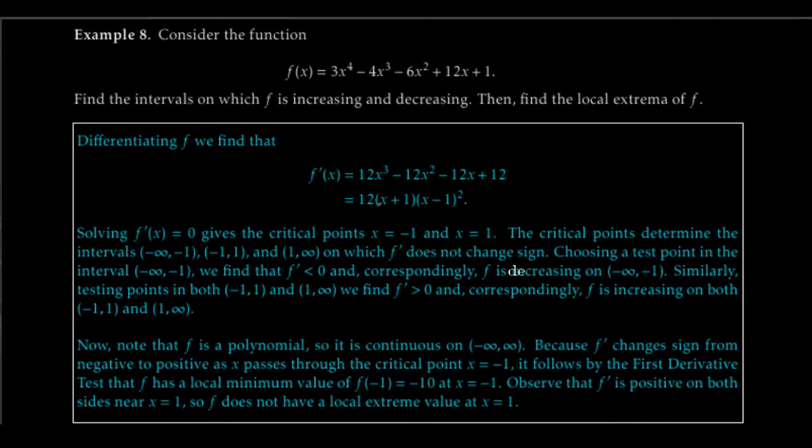You can turn this into 12 times the quantity x plus 1 times the quantity x minus 1 squared. So if you want to see this real quick, just factor 12 out of everything. You'll have an x cubed right there minus an x squared minus x plus 1.